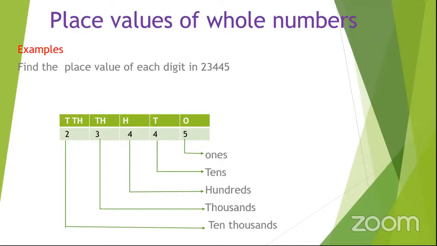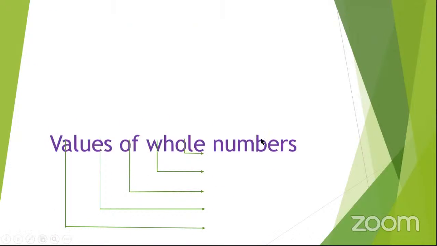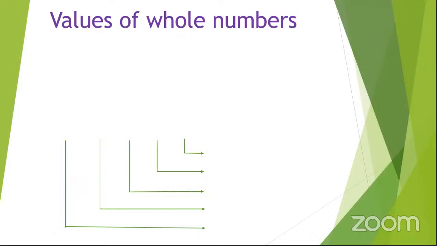So this is all about the place values of whole numbers, how we do them, how we give place values to various numbers. So here, I want us also to look at the values of whole numbers. When they talk about values, what do they mean? Someone to tell us. When they talk about values. Nasha, can you guess?